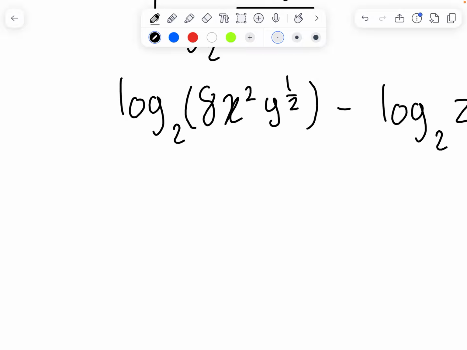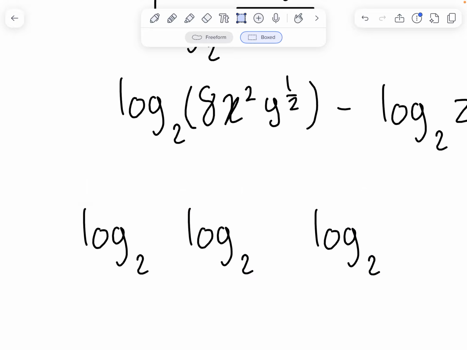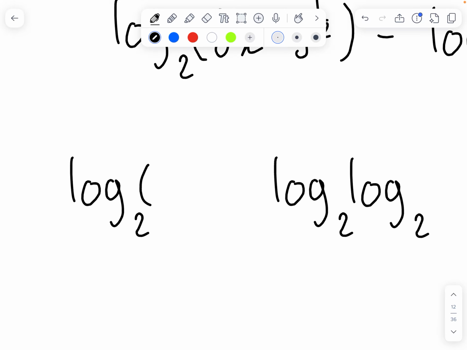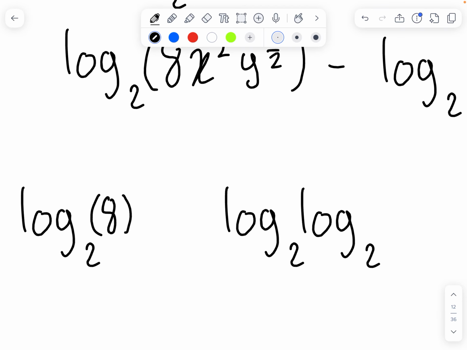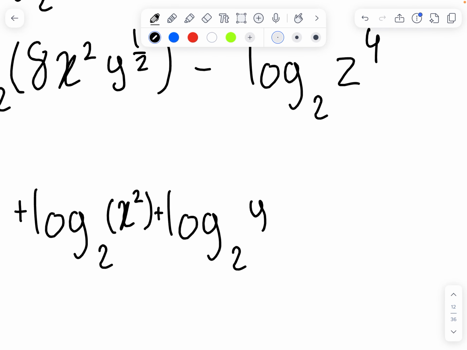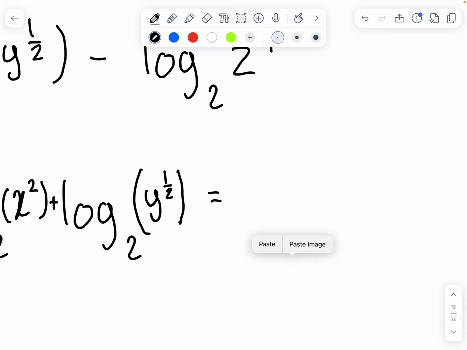Then this would turn into log base 2 of 8 plus log base 2 of x squared plus log base 2 of y to the power of 1/2 minus log base 2 of z to the power of 4.